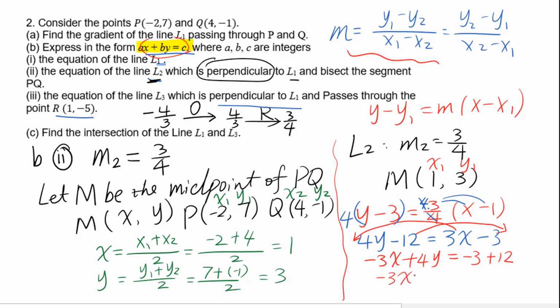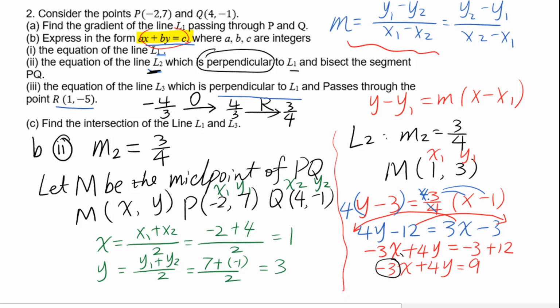Combine like terms: -3x plus 4y equals 9. Normally, we want the coefficient of x to be positive. Therefore, divide both sides by -1, which means change the sign for every single term. That will be 3x minus 4y equals -9. This will be the equation for L2.